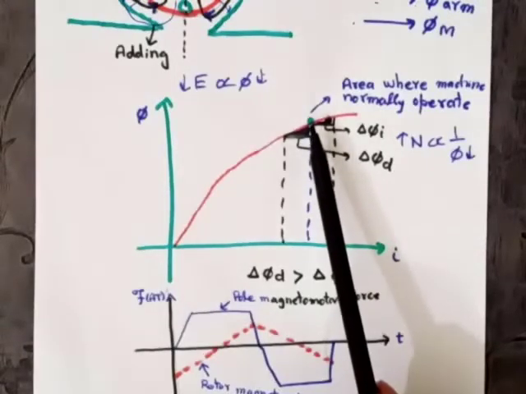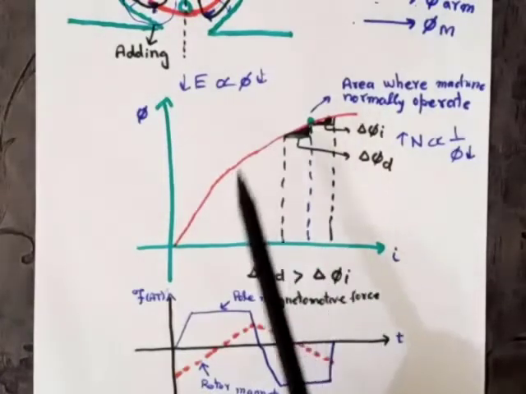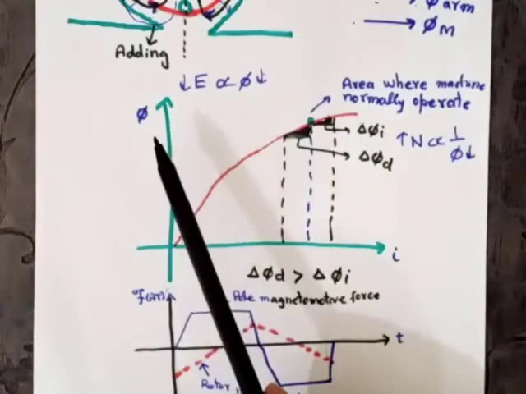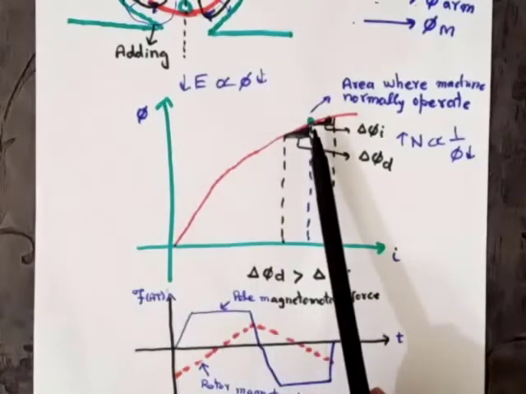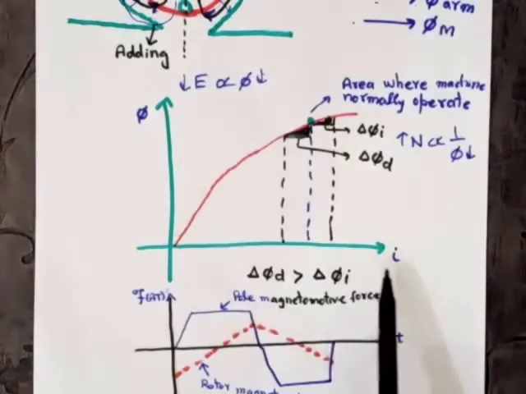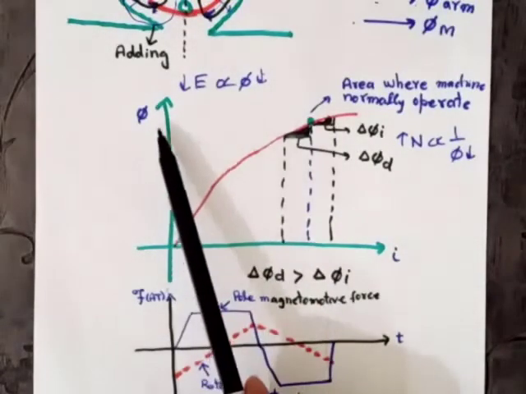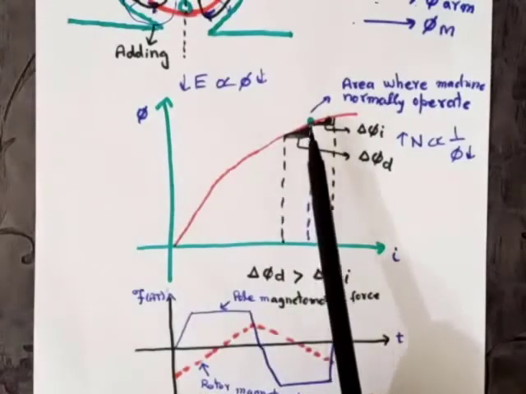In case of saturation, if we increase the current, then the change in flux is not much.